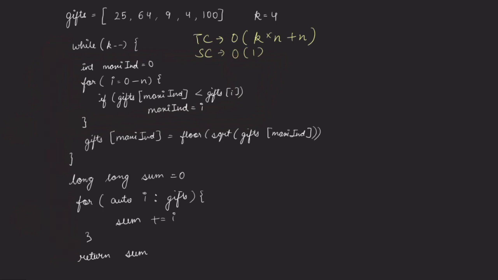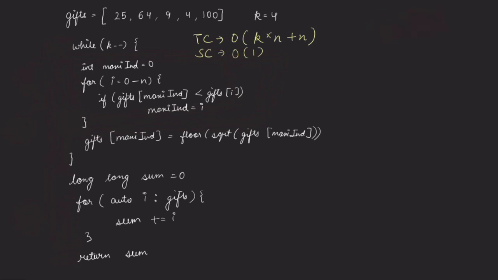So see, what do we want? We want the maximum element in each operation. Can I use such a data structure which always gives me the maximum element out of some number of elements in less time as compared to order of n? So can I use a max heap over here?